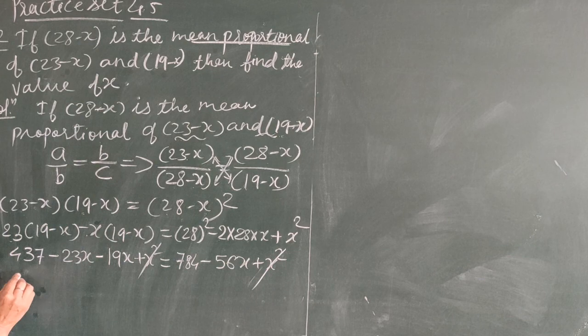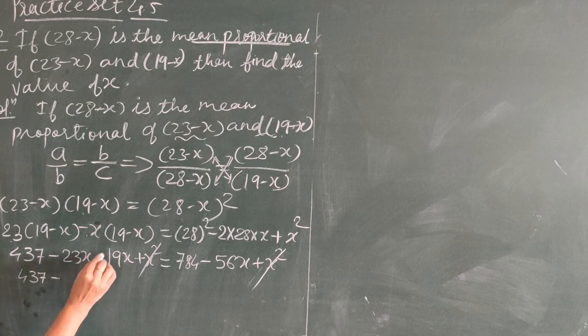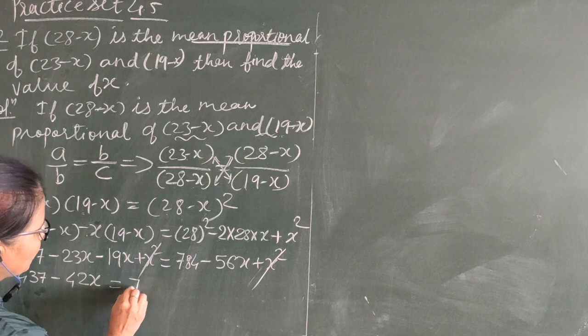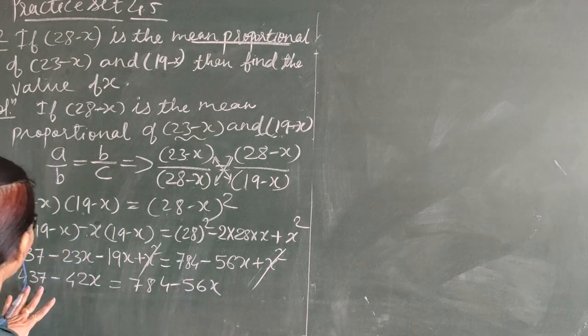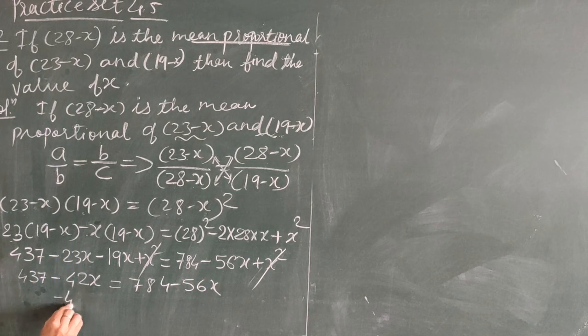Now let's simplify this. 437 minus, you can simplify this, so you are getting minus 42x is equal to 784 minus 56x. Now you know you have to transpose, so this is minus 42x.